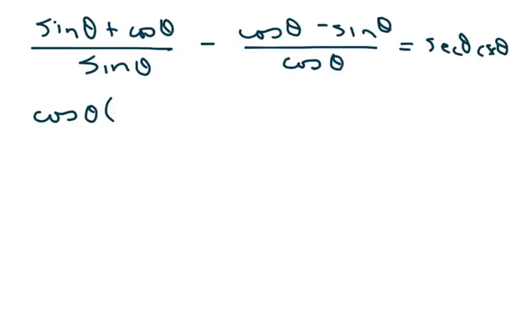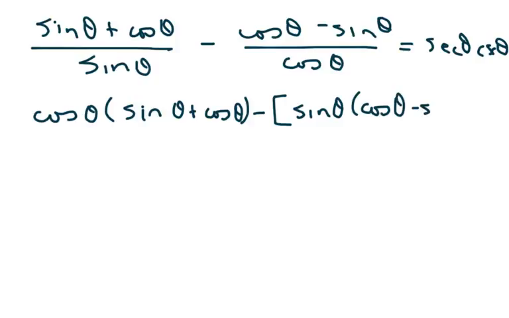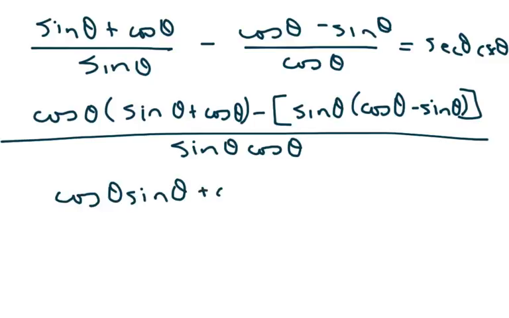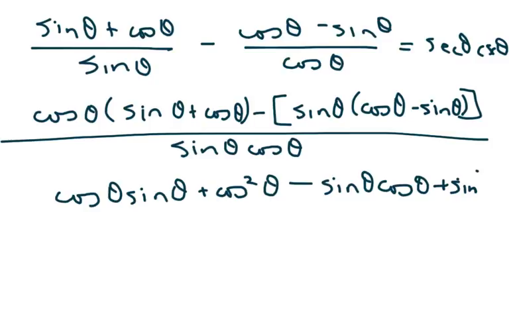It's cosine theta times sine theta plus cosine theta minus sine theta times cosine theta minus sine theta all over my common denominator. Alright, distribute and you get cosine theta sine theta plus cosine squared of theta minus sine theta cosine theta plus sine squared theta all over my common denominator.